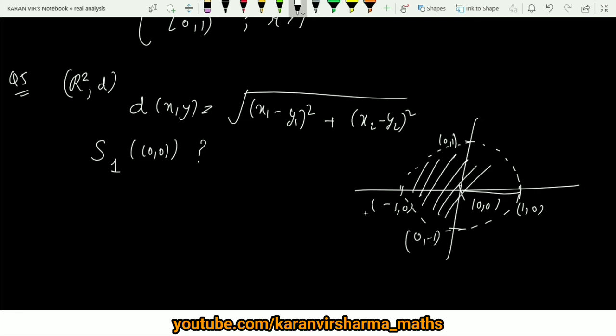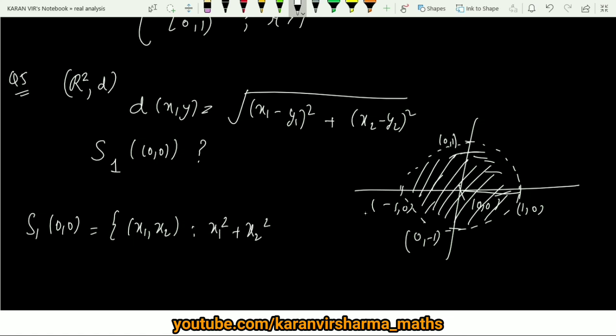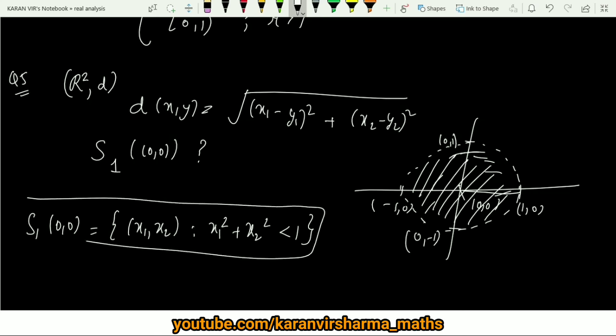All these points, the collection of all these points. So basically what will be my S of radius 1 about the point (0, 0)? This is nothing but the collection of all the points (x1, x2) such that they satisfy the property x1 square plus x2 square must be strictly less than 1. So this will be an open sphere in this case.